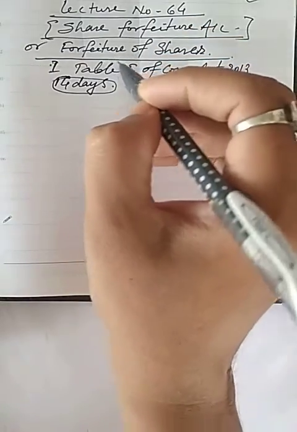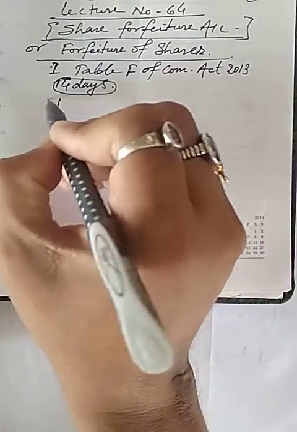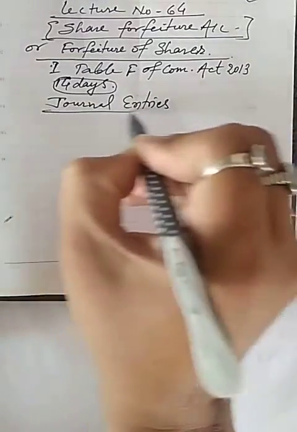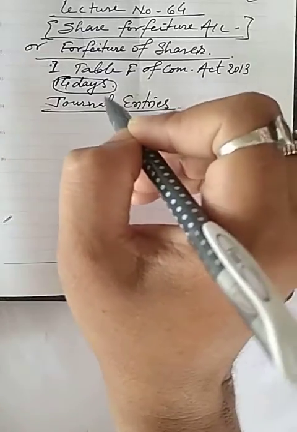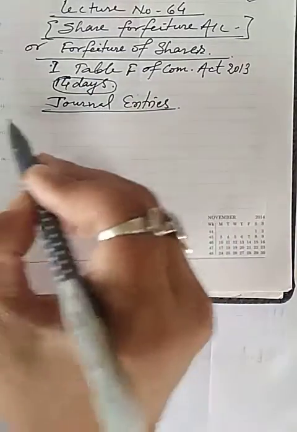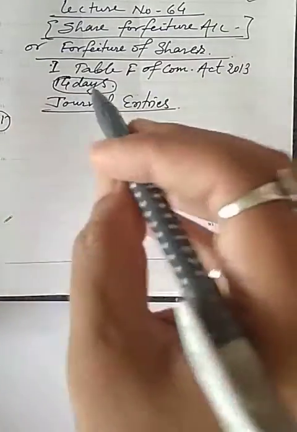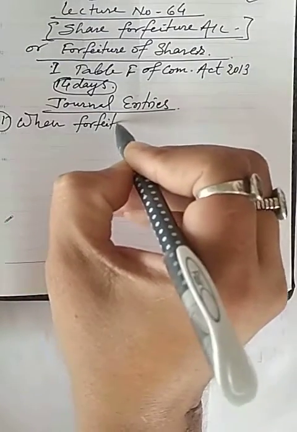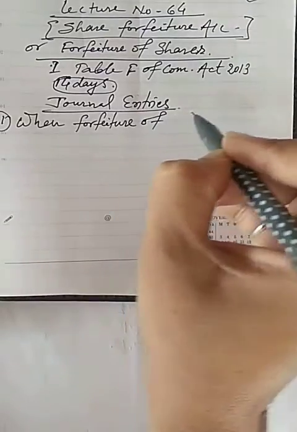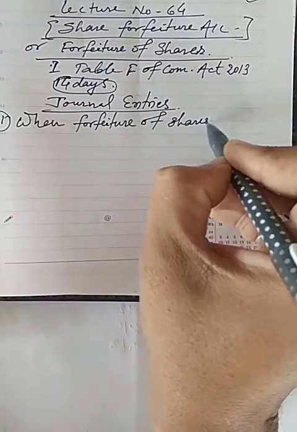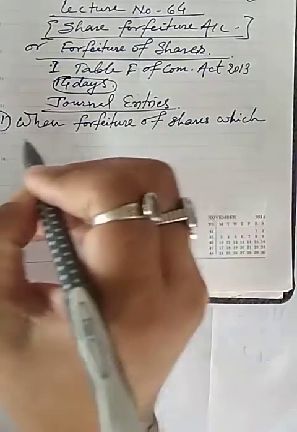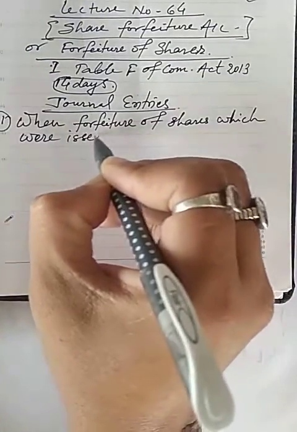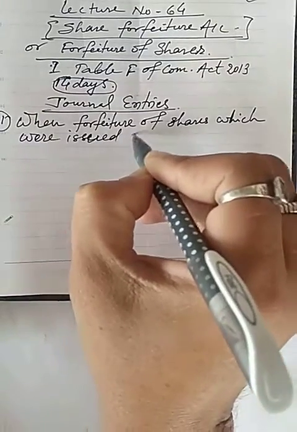Now, the journal entry for forfeiture of share will be, first, when forfeiture of shares which were issued at par.